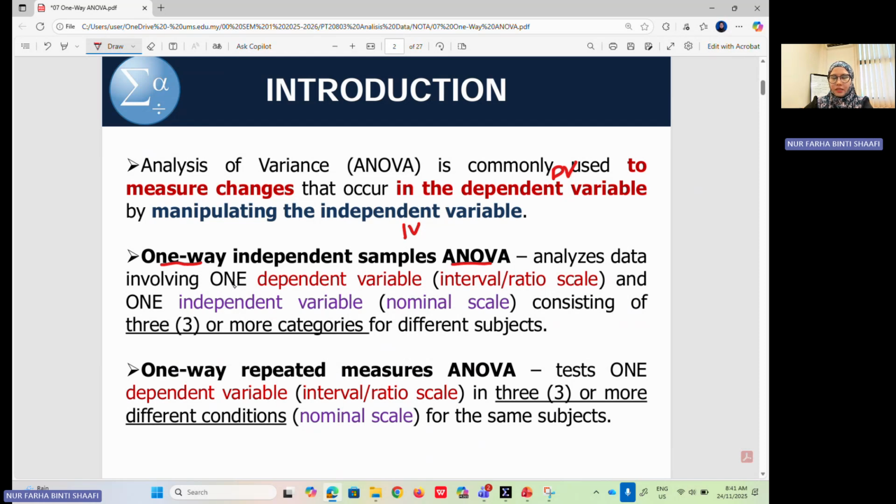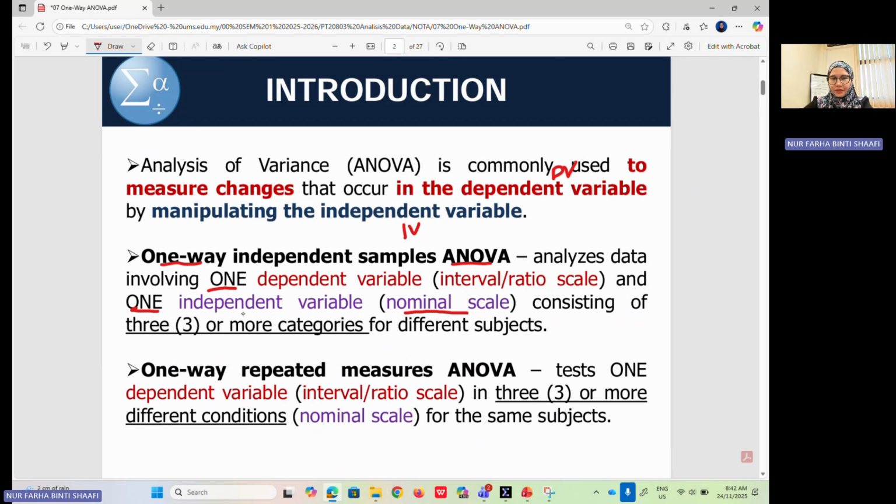you need to remember that we implement one-way ANOVA when it involves one dependent variable in interval or ratio scale, and one independent variable in nominal scale, consisting of three or more categories.